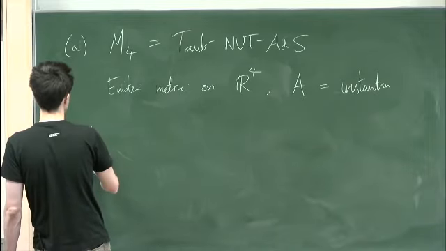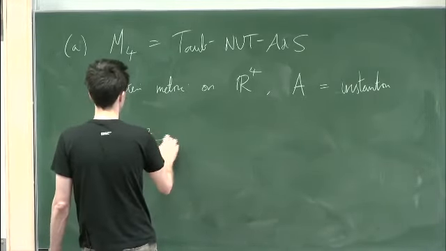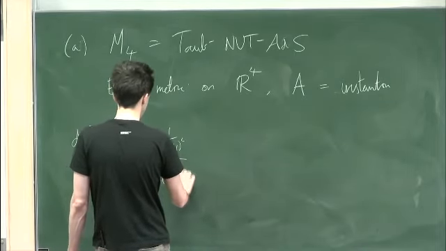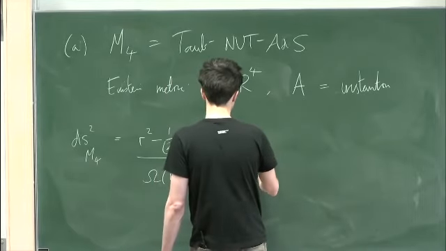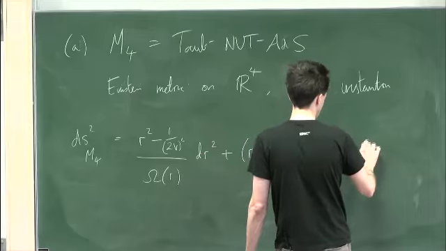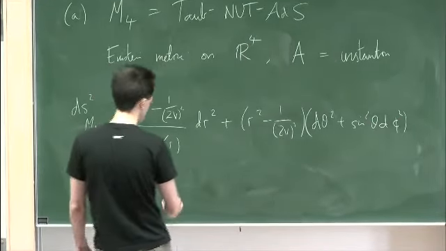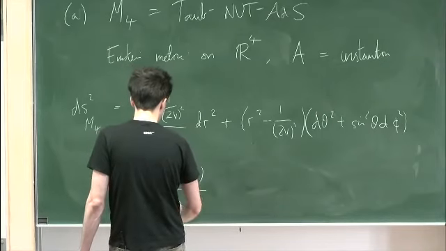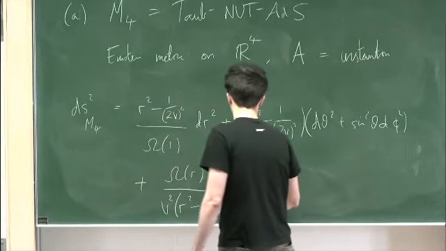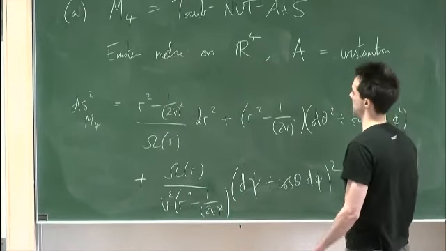It's worth writing the metric, I think. So it's the Taub-NUT metric, just so you can see that there's some honest computation going on. Okay, so you see the squashing parameter v is coming in here. Omega of r over v squared, r squared minus 1 over 2v squared. And I have this Hopf fiber. Okay, so the metric looks something like that.